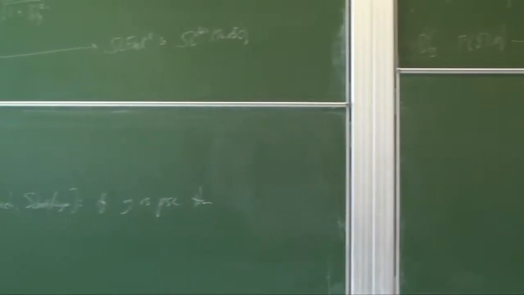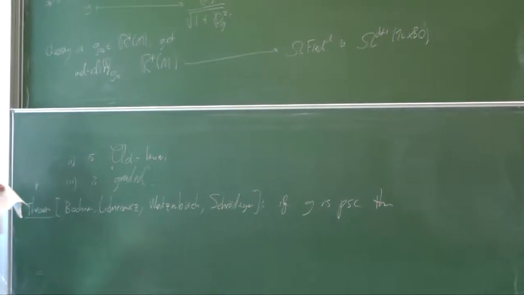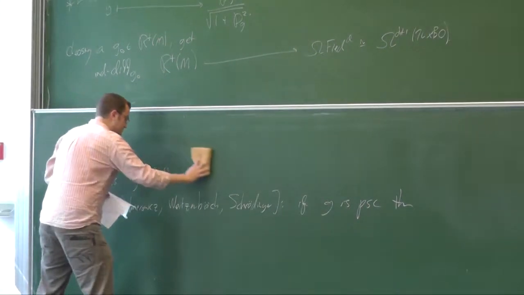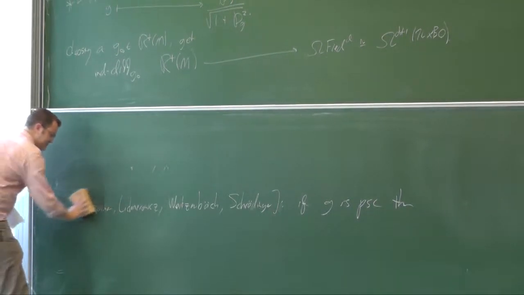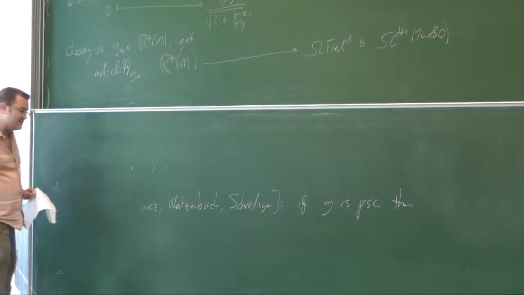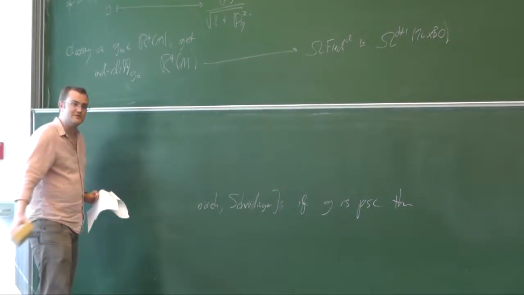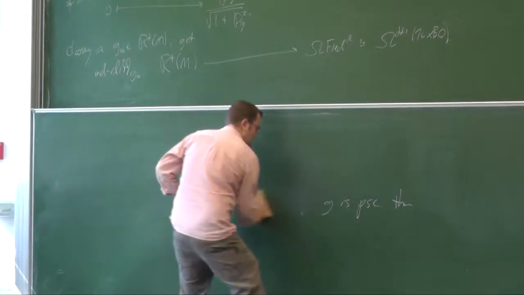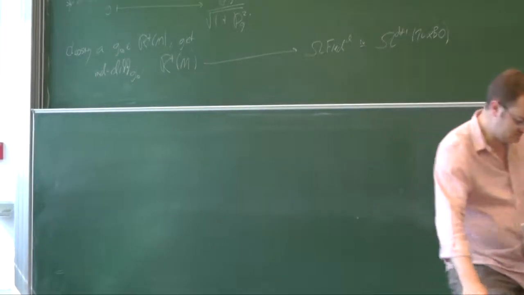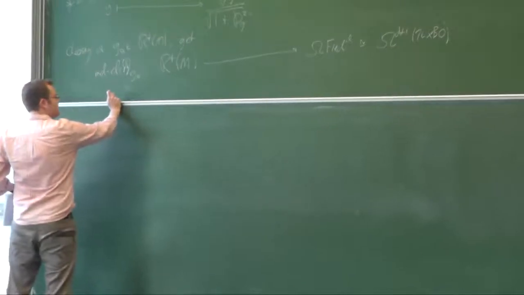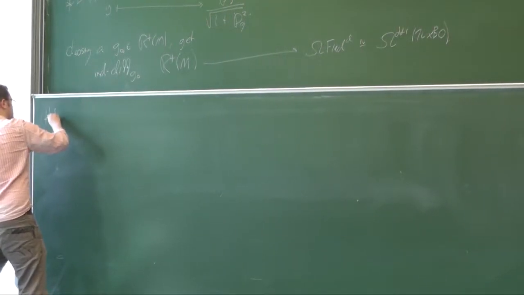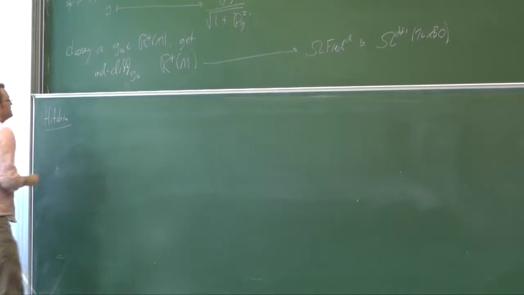And this is where diffeomorphism groups come in. Because if I've got a metric and I have a diffeomorphism, I can pull the metric back along the diffeomorphism. And if the diffeomorphism is not isotopic to the identity, then there's no reason why that metric ought to be isotopic to the one you started with. So the construction that Hitchin gave is as follows.